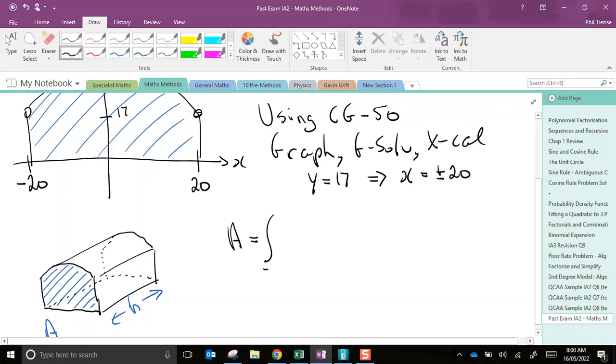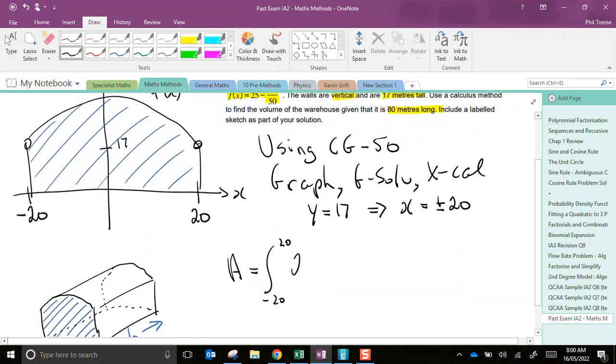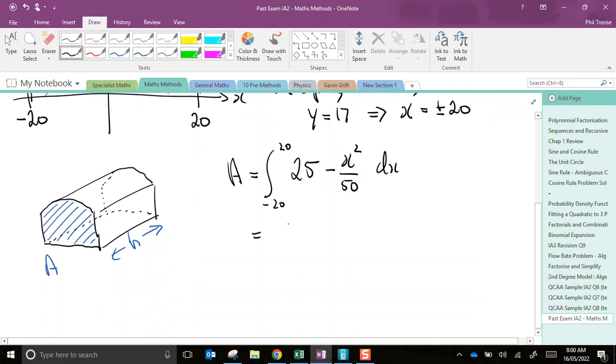It's a definite integral going from negative 20 to positive 20 of my function, which was 25 minus x squared over 50 dx. So the integral of the number 25 is 25x. Now I've got an x squared, that's going to become an x cubed.